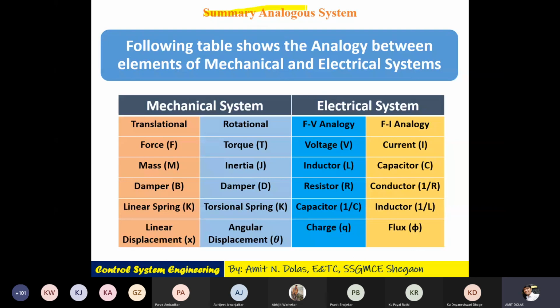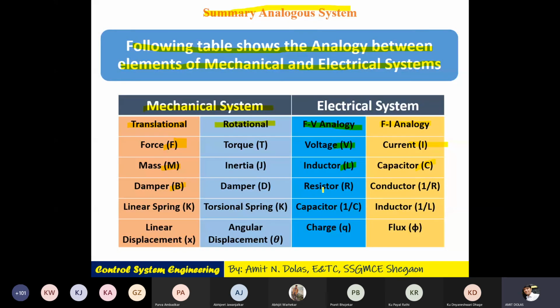So, summary of the analogy system. The following table shows the analogy between elements of mechanical and electrical systems. We have the mechanical system, two systems are there: translational and rotational. Then force voltage analogy, force current analogy. You can see force is analogous to voltage in F-V, and force is analogous to current in F-I. Mass is analogous to inductor for F-V, and to capacitor for F-I.